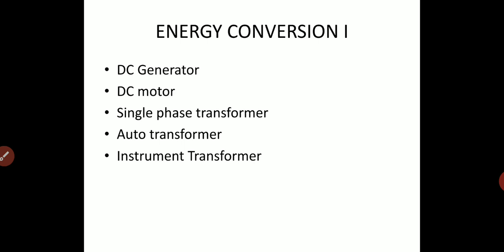If you compare these two subjects, you see that all DC machines and AC machines, that is DC generator, motor, transformer, synchronous machine, induction machine, all work on a single principle called Faraday's laws of electromagnetic induction.